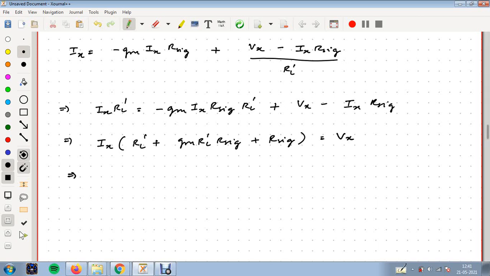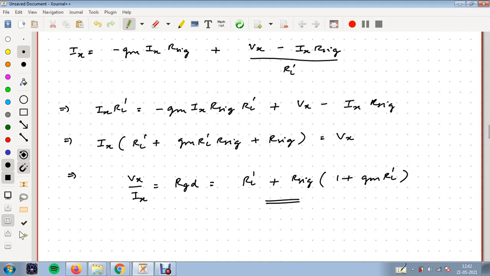So Vx by Ix is actually RGD, which is equal to RL prime plus R signal into 1 plus Gm RL prime. So this is what RGD is.